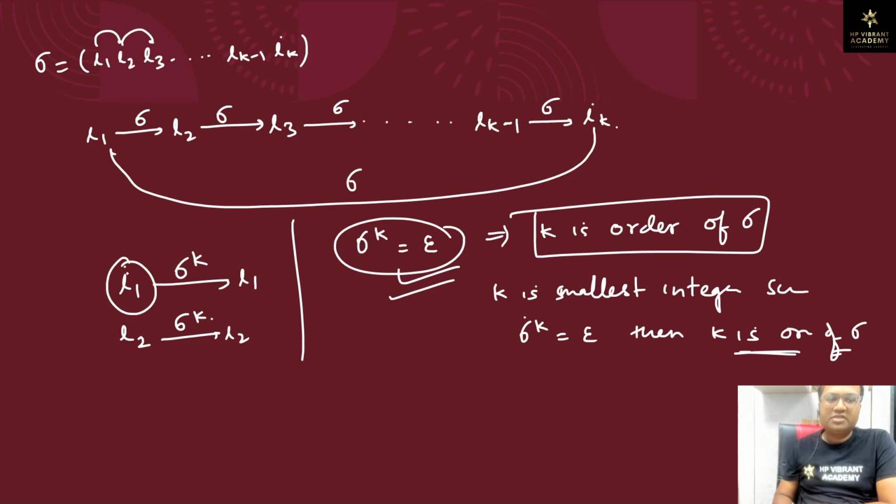तो I1 पे सिग्मा टू द पावर k अप्लाई करने पे I1 आ जाएगा. Okay, so like this, we are applying sigma on I1, then it goes to I2. On applying sigma on I2, it goes to I3, like this. On applying sigma on Ik minus 1, it goes to Ik. If we apply sigma square on I1, then it goes to I3.